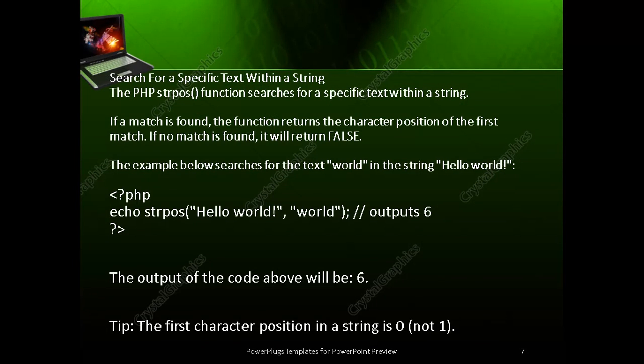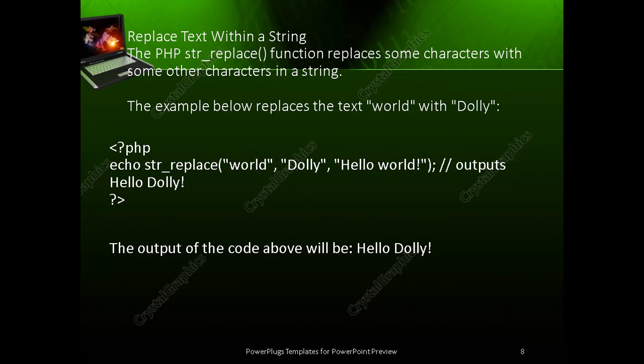Okay, let's continue. So replace text within a string. The PHP str_replace function replaces some characters with some other characters in a string. The example below replaces the text "world" with "dolly". Example: str_replace("world", "dolly", "hello world").